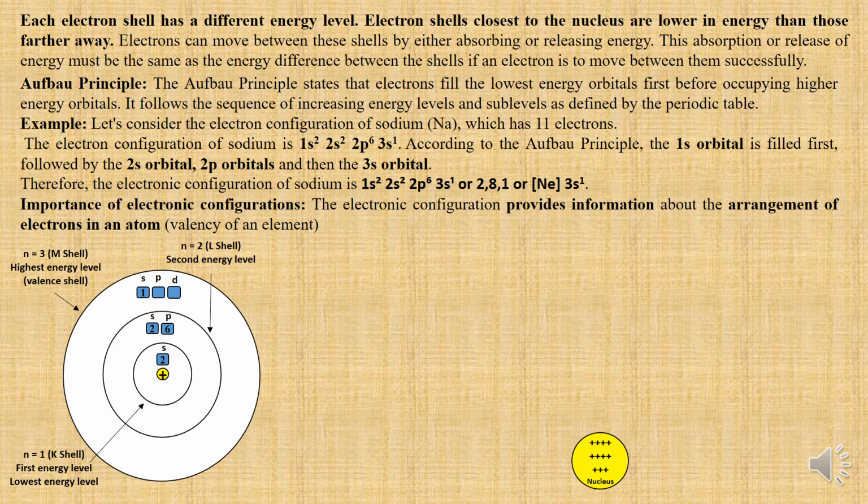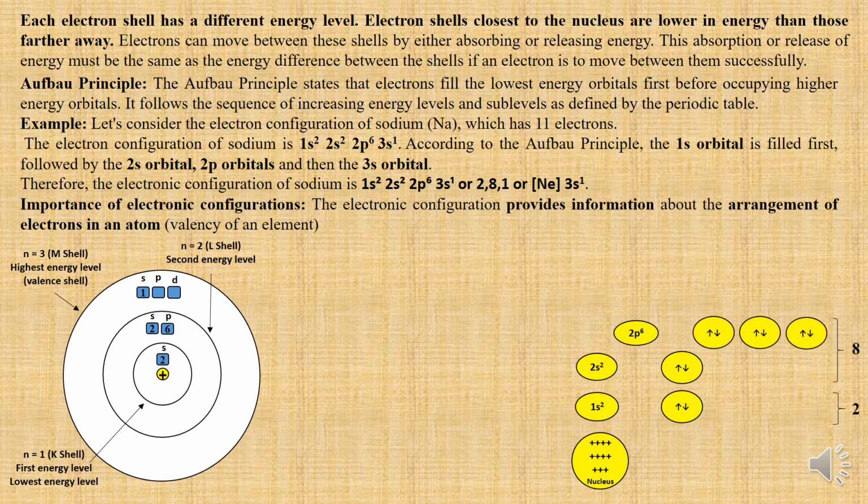Sodium has atomic number of 11 with 11 protons in its nucleus, and 11 electrons are arranged around the nucleus of sodium atom. 2 electrons in the first shell or energy level, 8 electrons in the second shell or the energy level, and 1 electron in the third energy level or the third shell.